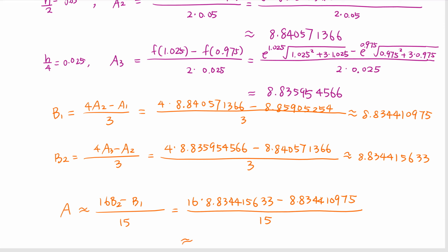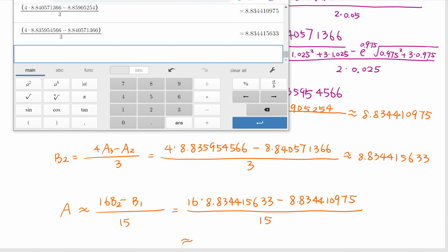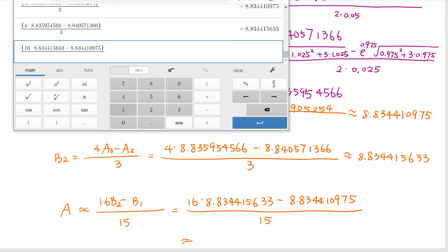Okay, let's see what this number is. 16 times, okay, copy again. Which one? This one. And minus this guy. So you just go back up using your calculator and enter. You can get those numbers. Divided by 15.